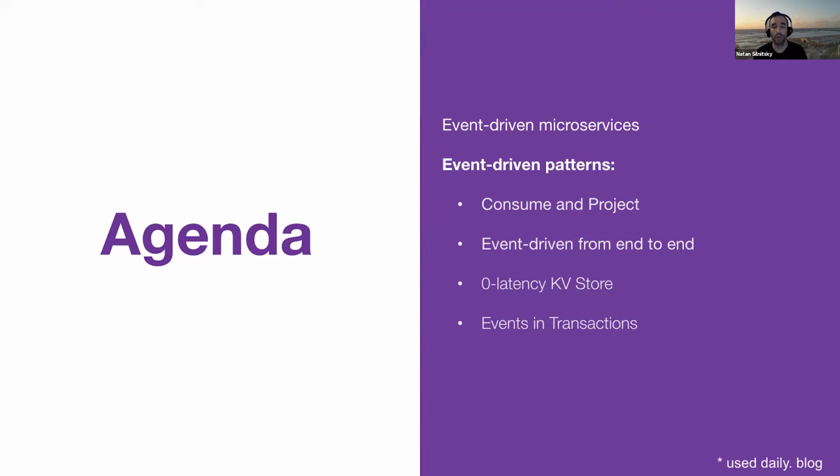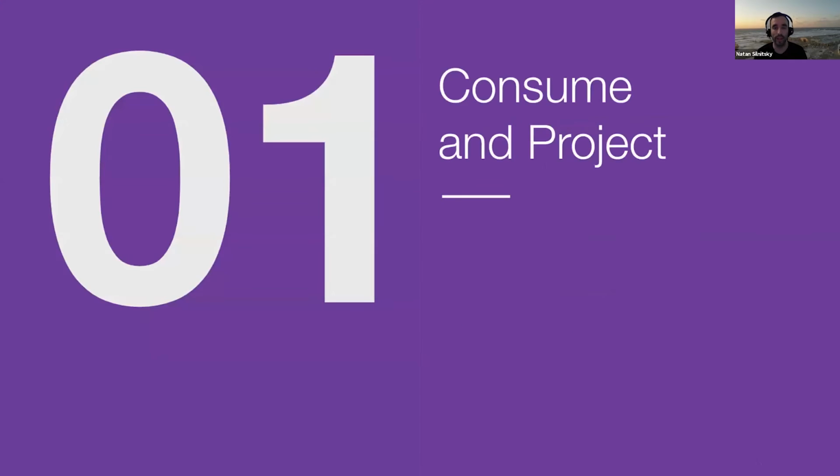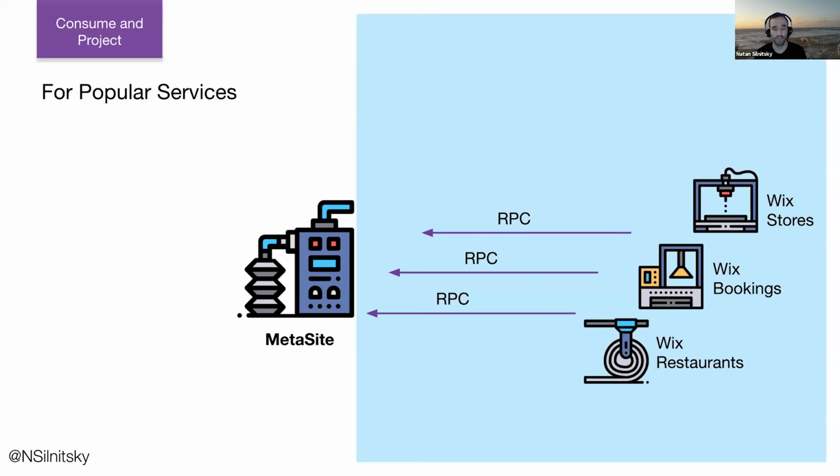We're going to talk about having storage that is continuously getting updated and easily and very fast way of fetching this information in memory, all using Kafka, and how we can process these Kafka events exactly once for critically important business flows. Okay, so we're talking about consume and project pattern.